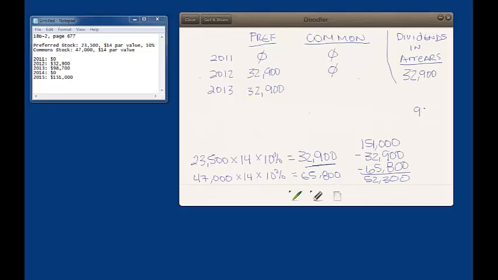Let's see, we started out with $98,700. We're taking care of our dividends in arrears, so we have $65,800 left. I'm just going to clean this up a little bit here, make some more room.